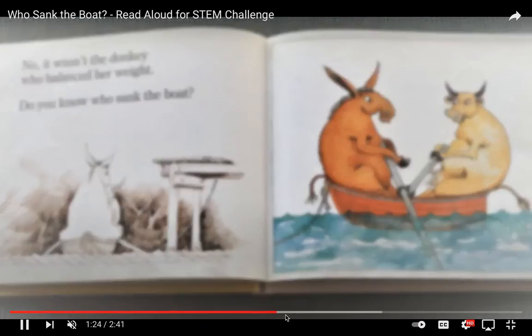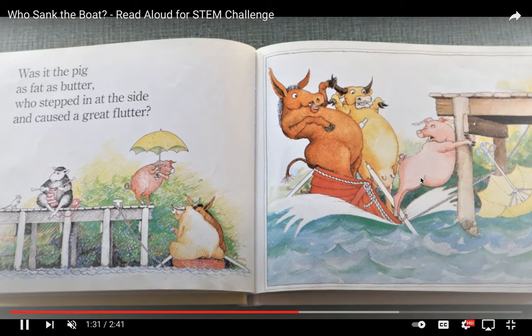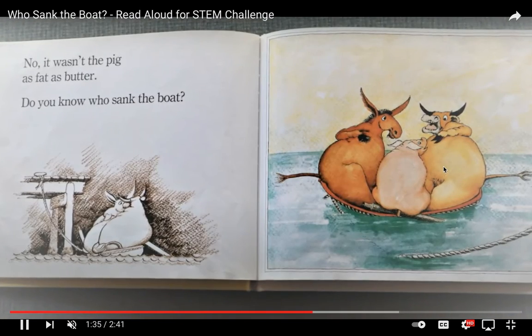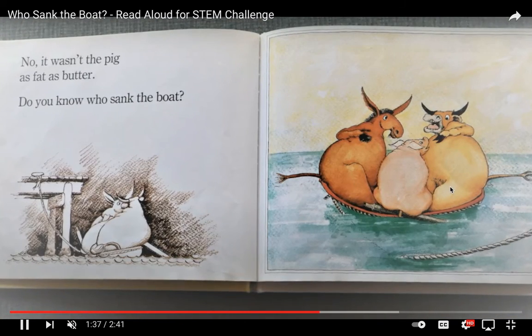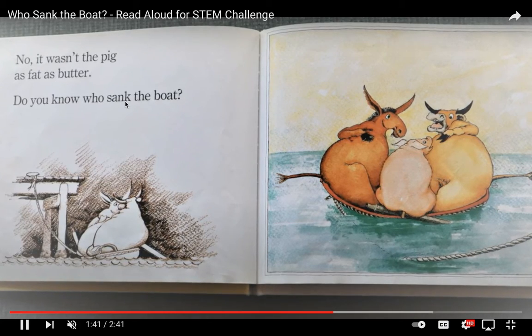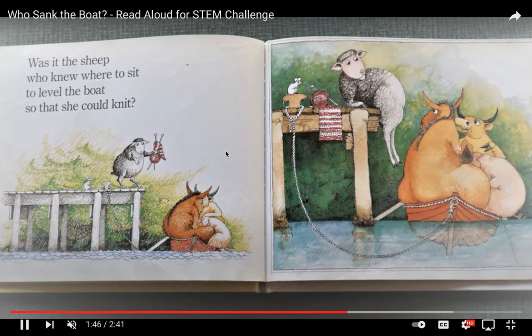And so they go through this quick, fun story, just trying to figure out who got in the boat and who sank the boat. Did the pig sink the boat? But it says, no, look at all three of them in that boat. I would go through with my students and talk about the different terms, such as what does sink mean, what does float mean.